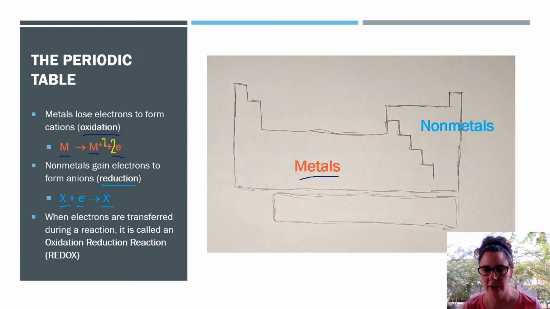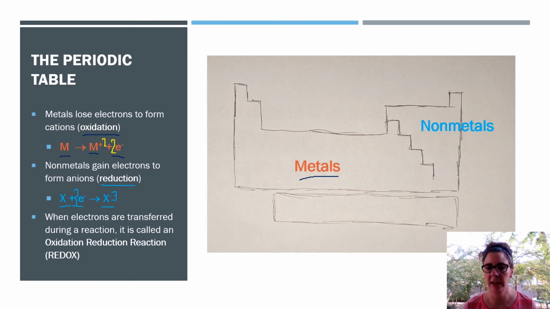Gain of electrons forms our anions. Similar to what we have above, let's say X gained 3 electrons. Then we would form X3- as our anion. So it could be 1 electron at a time, could be 2, could be 3.